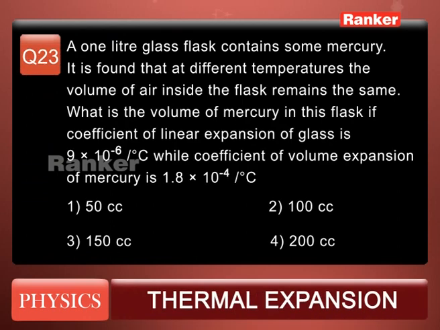Question number 23. The question is given as: a 1 liter glass flask contains some mercury. It is found that at different temperatures the volume of air inside the flask remains the same. What is the volume of mercury in this flask if the coefficient of linear expansion of glass is 9×10⁻⁶ per degree Celsius, while the coefficient of volume expansion of mercury is 1.8×10⁻⁴ per degree Celsius?